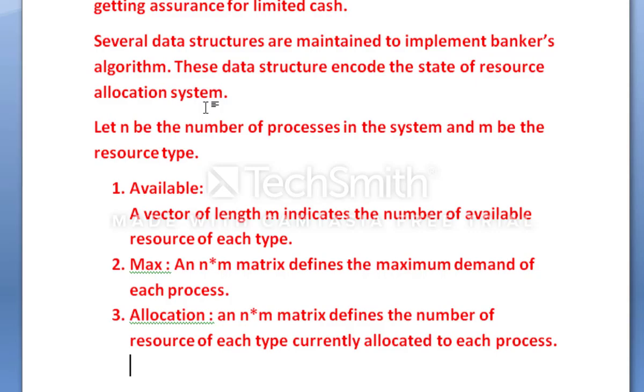After allocating, our system should be in a safe state, otherwise we avoid allocating the resources to the process. So Allocation is a matrix which defines the number of resources of each type currently allocated to each process.